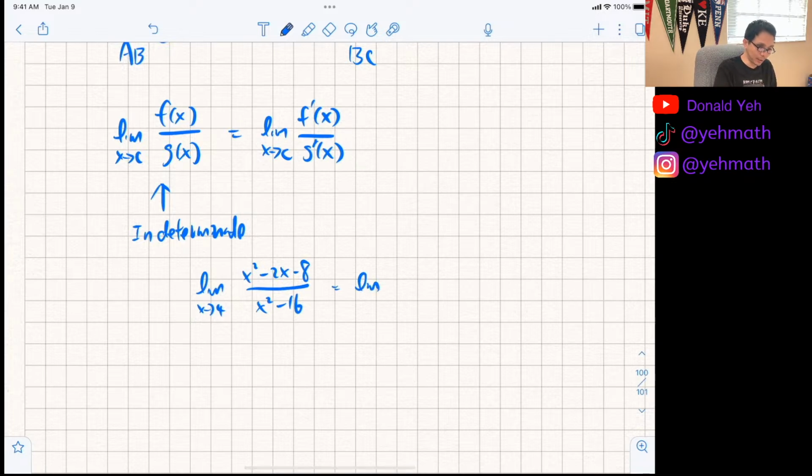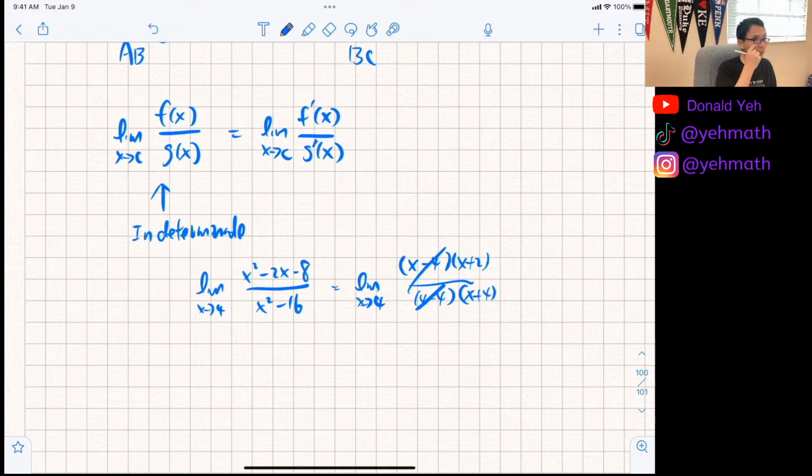That's equal to limit as x approaches 4 of x minus 4, x plus 2 over x minus 4, x plus 4. If you plug in 4, 4 plus 2 is 6, and this is over 8. So that comes down to the answer 3 over 4.